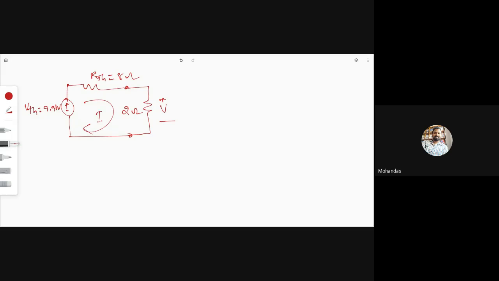How to calculate? First calculate the current in this circuit. For that you have to write KVL. Minus 9.96 plus 8I plus 2I equals 0. So 10I equals 9.96. What will be I? 9.96 by 10 is 0.996.